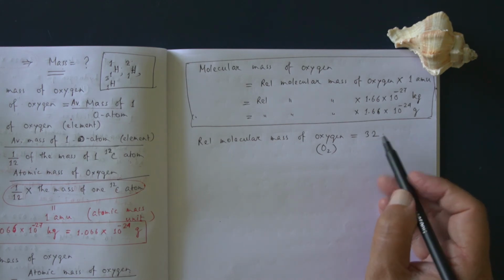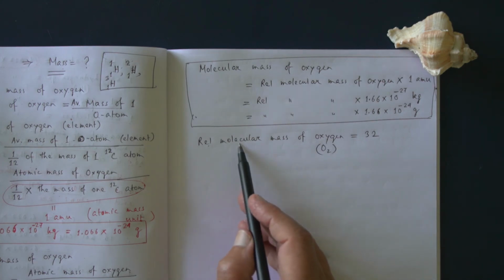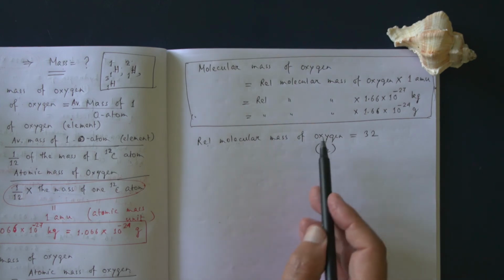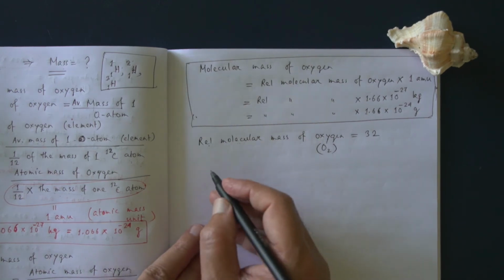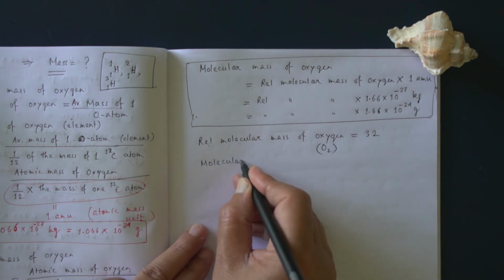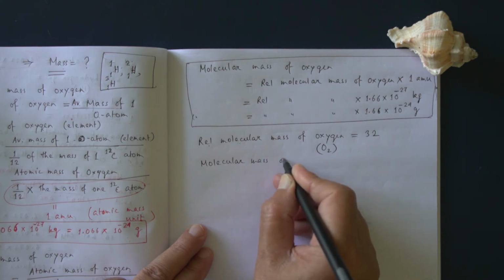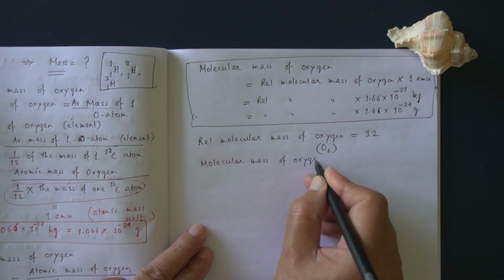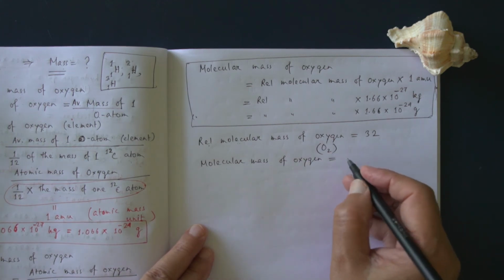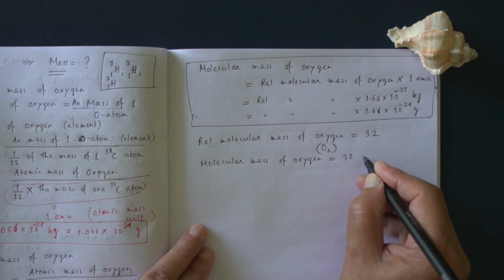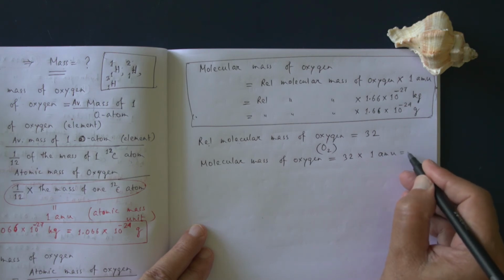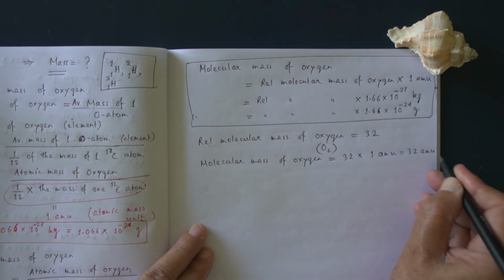Molecular mass of oxygen equal to 32 into 1 AMU, that is equal to 32 AMU.